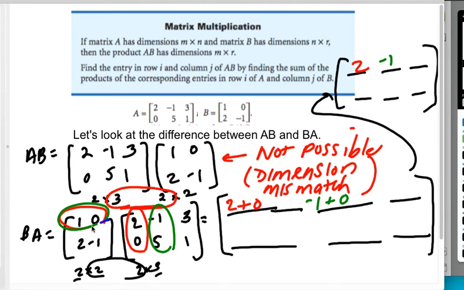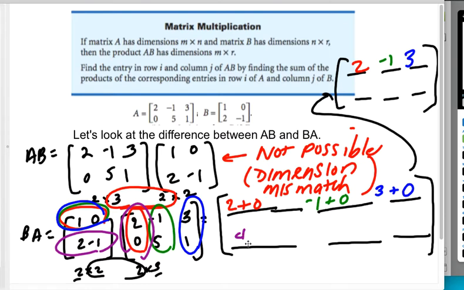If I take row 1, column 3, I get 1 times 3, which is 3, plus 0 times 1, which is 0, so I get a 3. If on the bottom I take row 2 times column 1, I get 2 times 2, which is 4, plus 0 times negative 1, which is 0, so I get a 4.